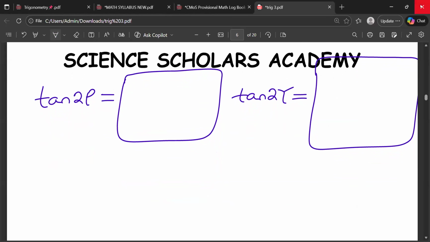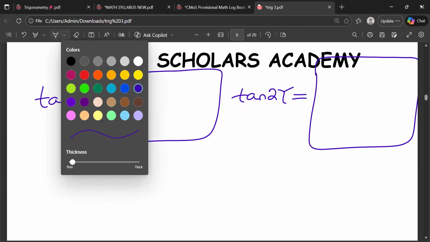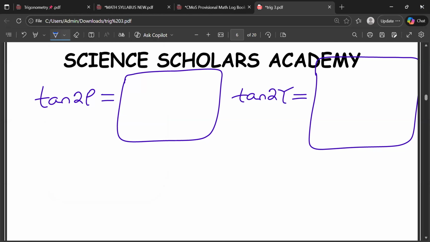For tan 2p, it is going to be 2 tan p divided by 1 minus tan squared p. Tan squared p, yes.